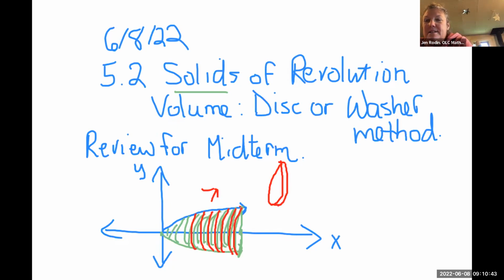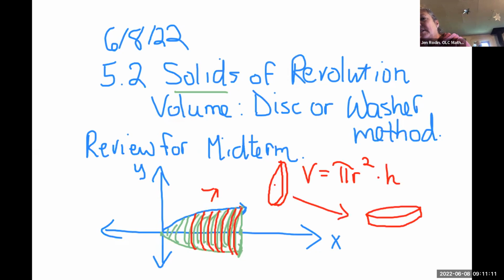So just an infinitely narrow disc. We end up having to find the volume of a single disc, which, if it's circular, is pi, the area of the circle, or the area of whatever shape you have, times the height. But it's on its side. So if I turned it over and laid the same disc flat, there's a center.